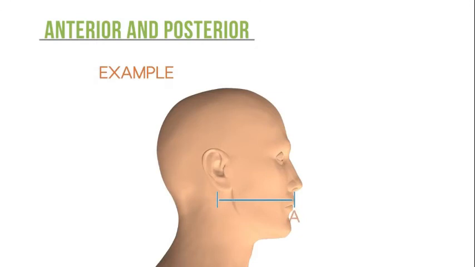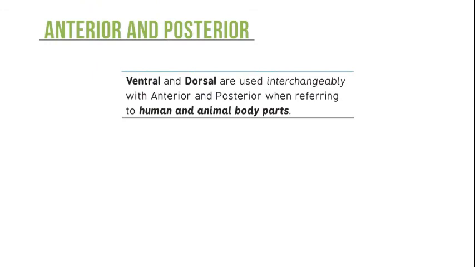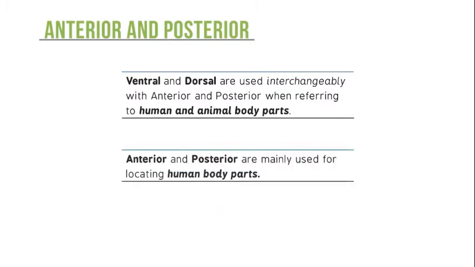For example, the nose is anterior to the ears, and using the same point of reference, the ears are posterior to the nose. Ventral and dorsal are used interchangeably with anterior and posterior when referring to human and animal body parts. Anterior and posterior are mainly used for locating human body parts.